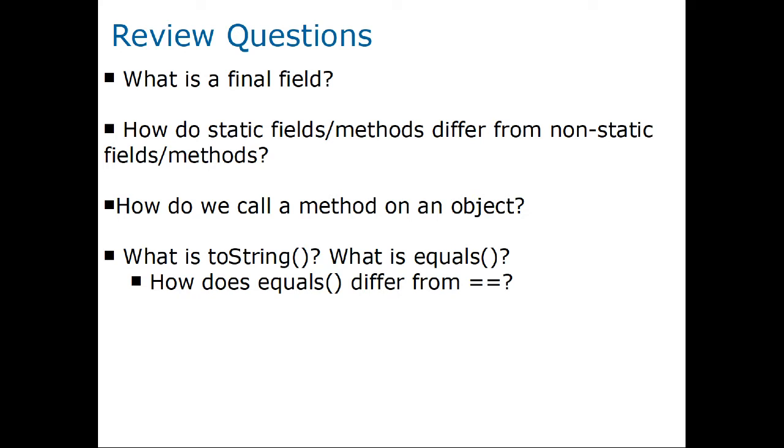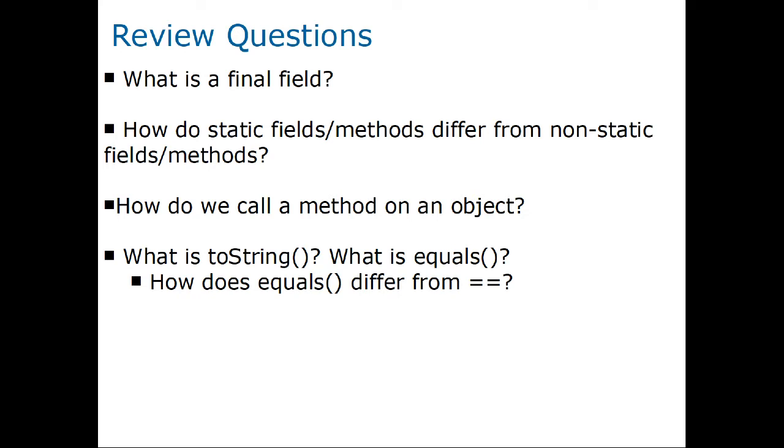A lot of times you'll see static methods used when an instance is not necessary, and a classic case for that is mathematics. So like if I'm taking the square root of something, I don't need an instance of an object to compute the square root of something. I just need a number, right?